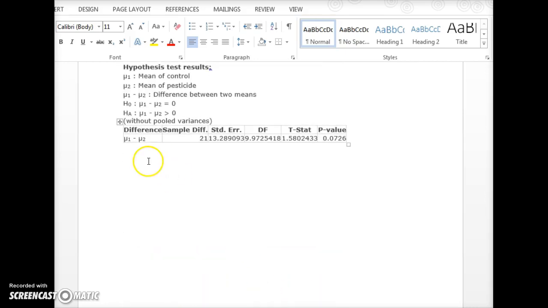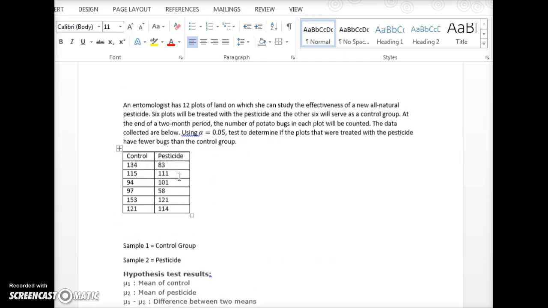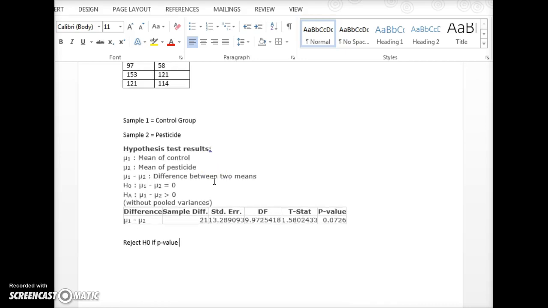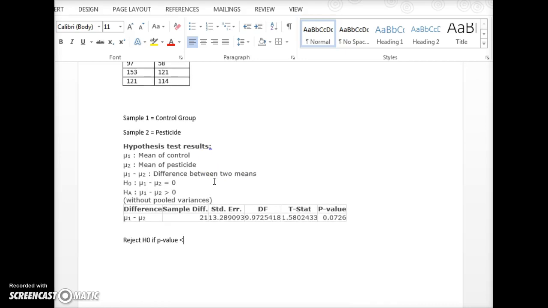Let's scroll up. Okay, so our conclusion is always reject H naught if the p-value is less than our alpha level, which in this case was 0.05. And we see that our p-value is greater than 0.05, it's 0.0726, so we fail to reject H naught.